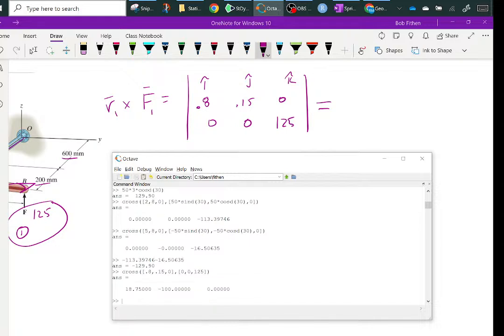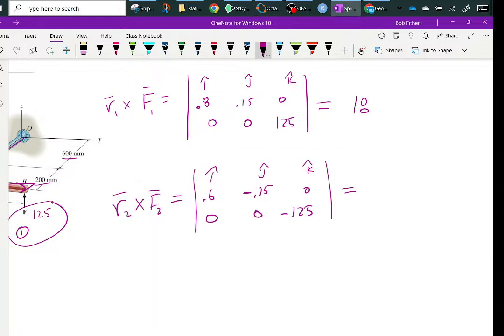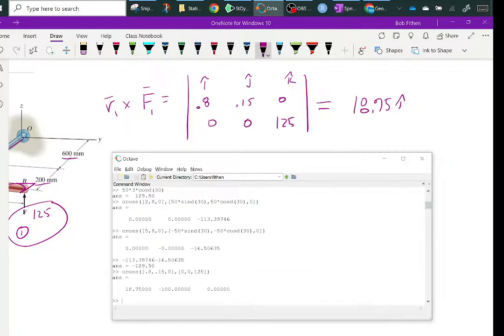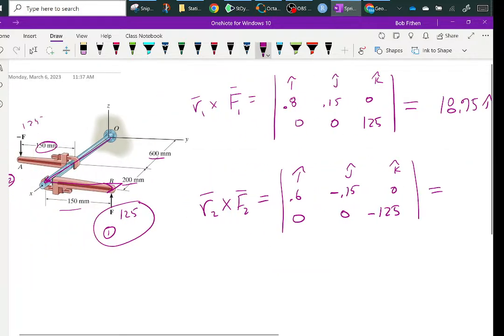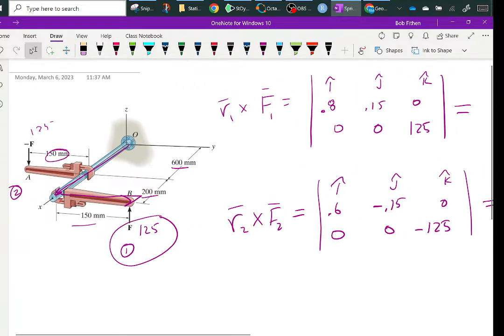This time, I get 2 in the X. I mean, they're both populated. There's no Z. Let's see, 18.75I minus 100J.